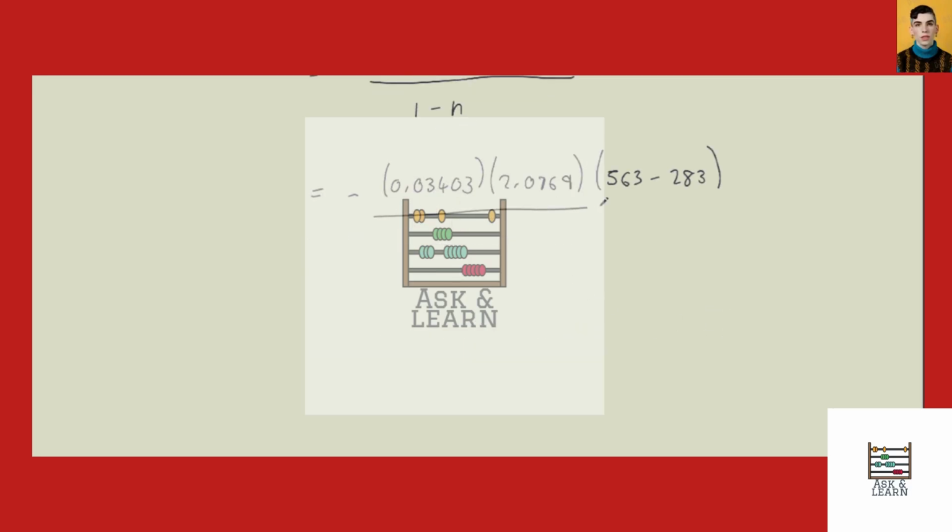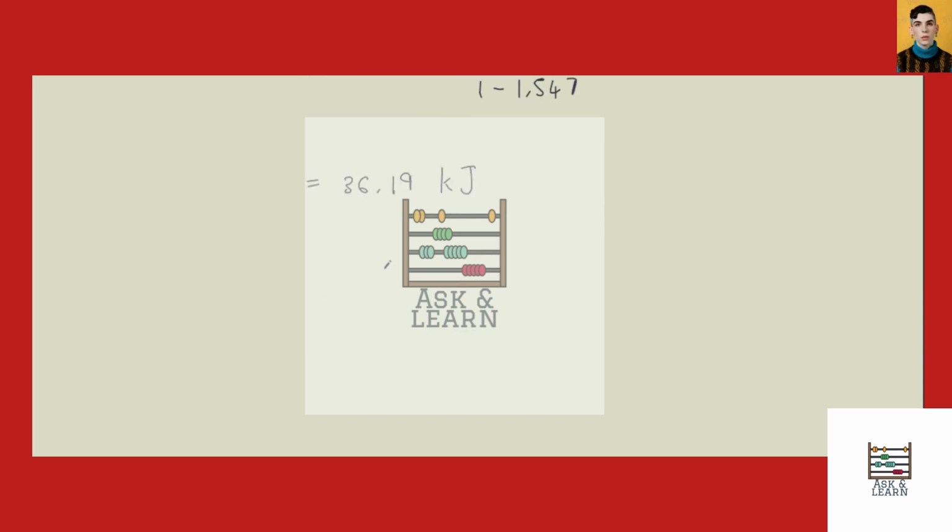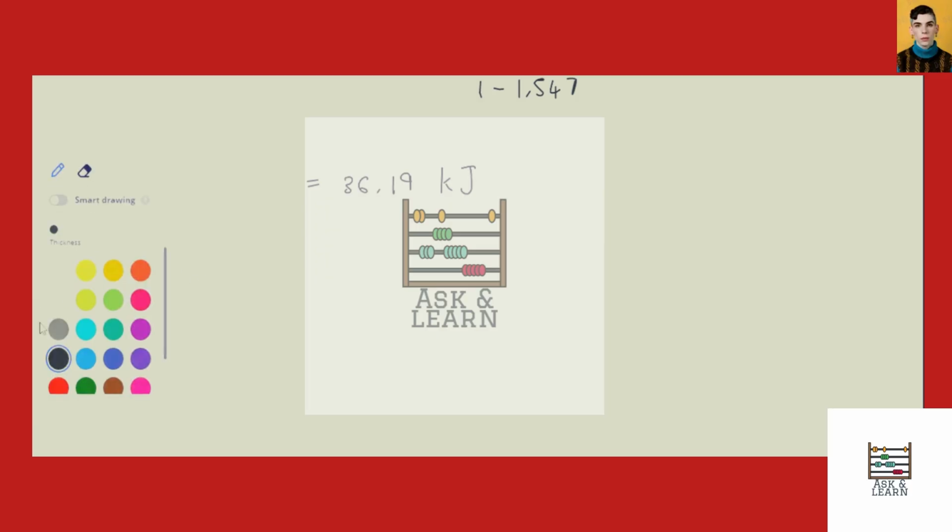And this is all divided by 1 minus N, which is 1 minus 1.547. And so we get the boundary work into the system to be 36.19 kilojoules. So now we have the boundary work, and that's the energy into the system.